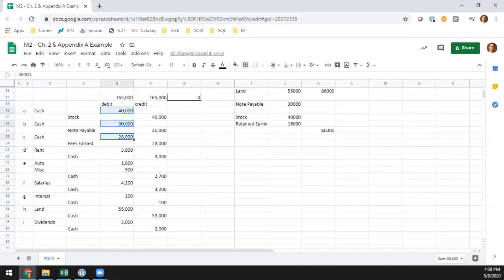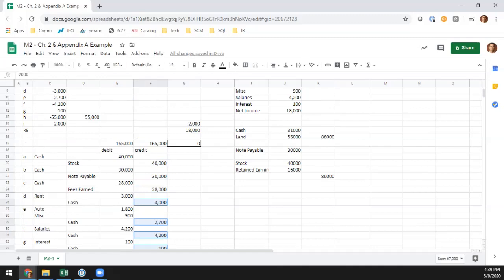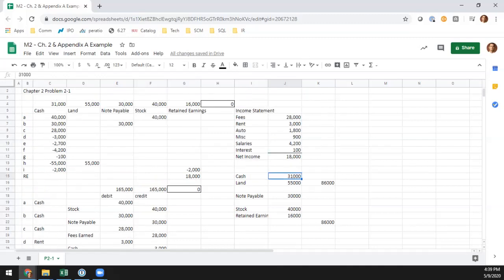So we have 98,000 in debits, and we have 67,000 in credits. So we have a $31,000 increase to cash. So we would put cash at 31,000. Anyway, that's the benefit of using this integrated financial statement framework.